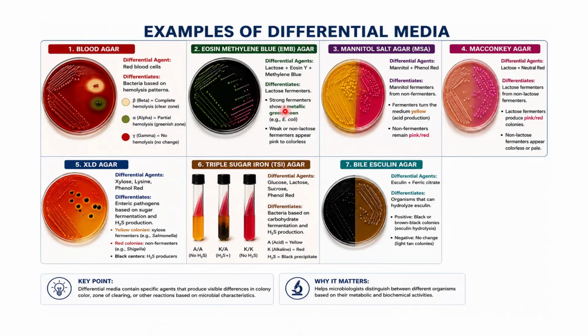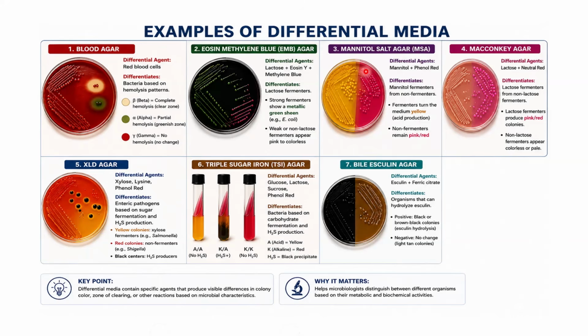For example, bacteria that are strong fermenters of lactose show a green metallic sheen on the agar medium as shown over here, whereas those that are weak or non-fermenters appear pink to colorless on the agar medium.